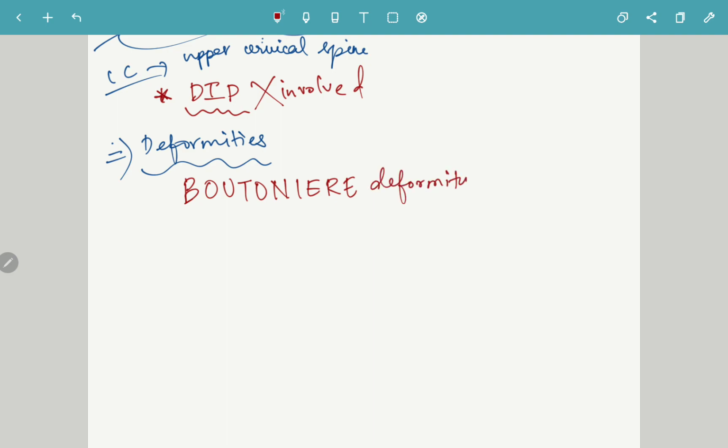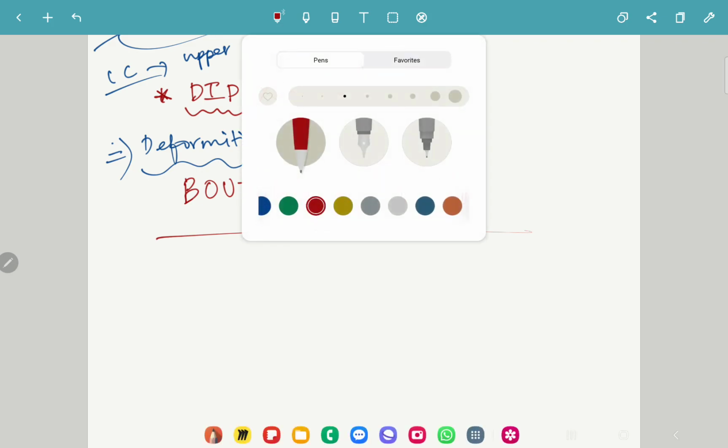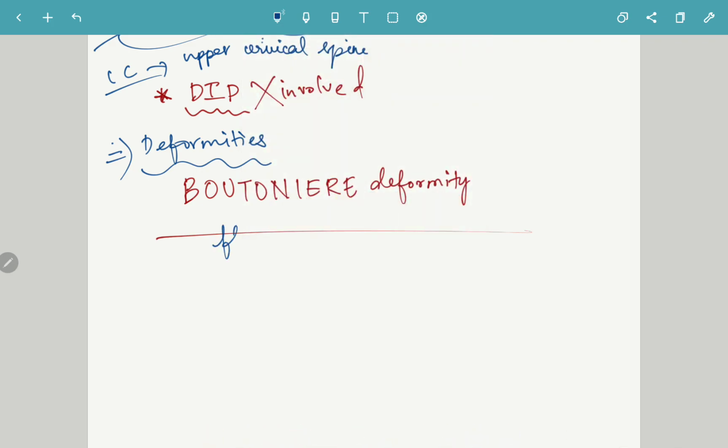So what is this deformity? There is going to be flexion of the proximal interphalangeal joint, and there is going to be hyperextension or extension of the distal interphalangeal joint.